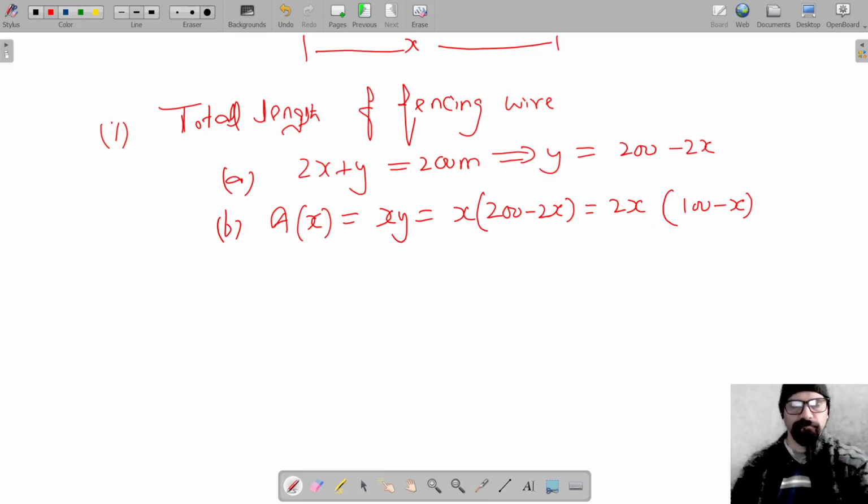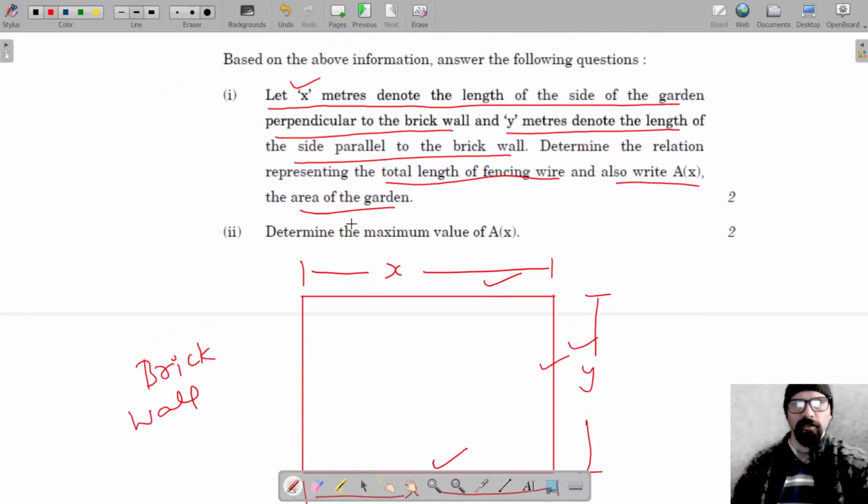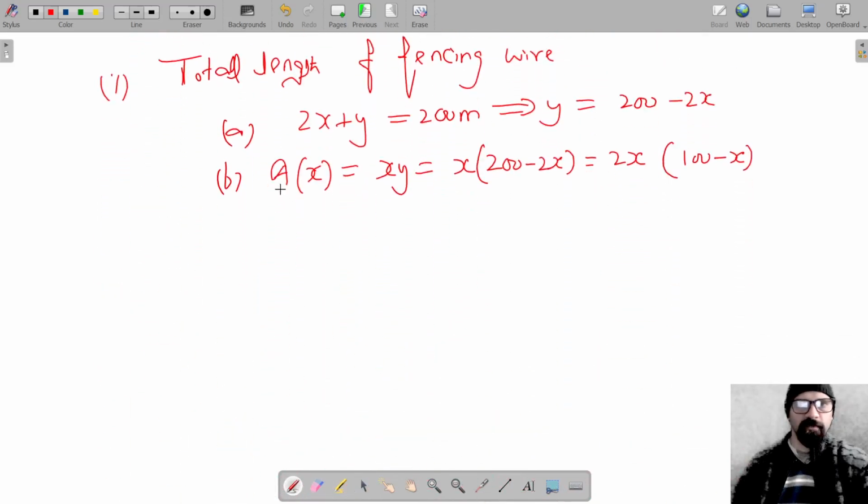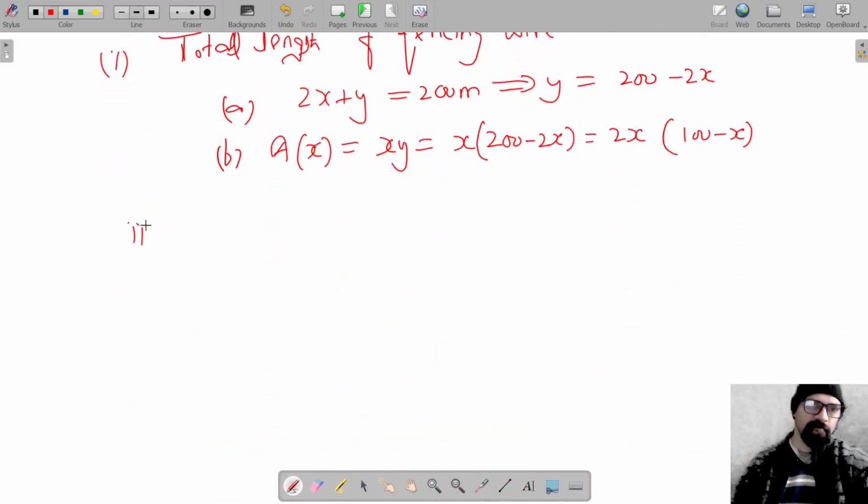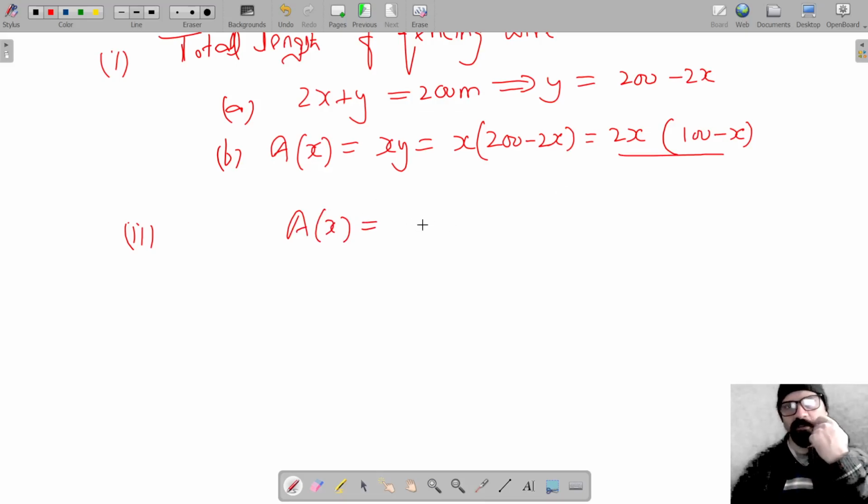Okay, now the next question. The next part asks: determine the maximum value of A(x). For the maximum value, A(x) is equal to this, so let me open it: 200x minus 2x squared.